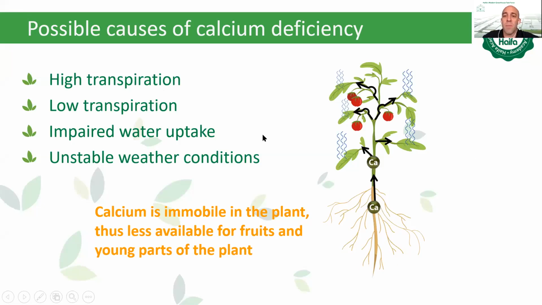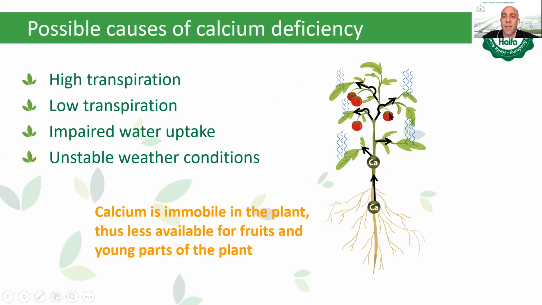You can see an example of what happens when transpiration rates are very high, when there is high evaporation, a very hot day, low humidity. Calcium is taken up by the root with the water flow, and since the leaves transpire a lot, the water flow goes directly to the leaves, and calcium goes directly to the leaves without going into the fruit.